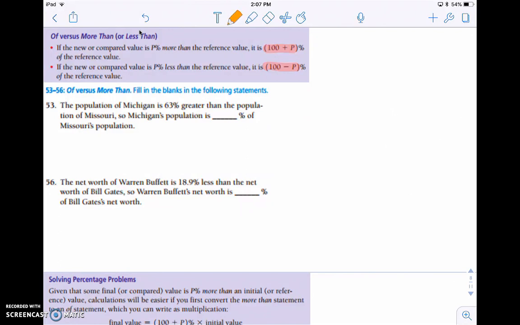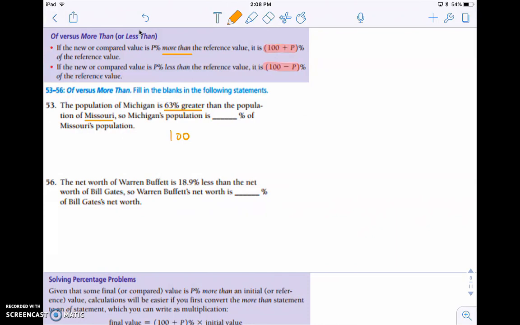So in 53, we have the population of Michigan is 63% greater than the population of Missouri. So Michigan's population is blank percent of Missouri's population. So since it's greater than, it's going to be an increase, or more than. So we start with 100% of Michigan's population.